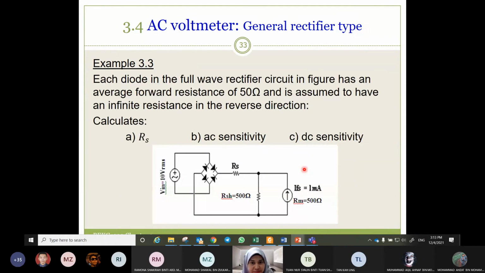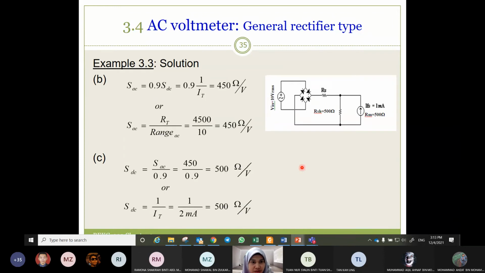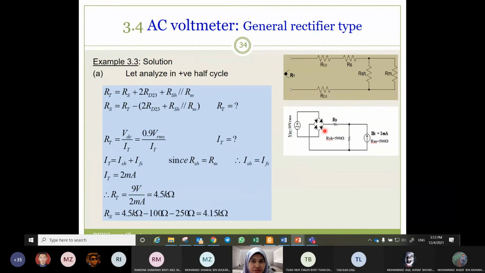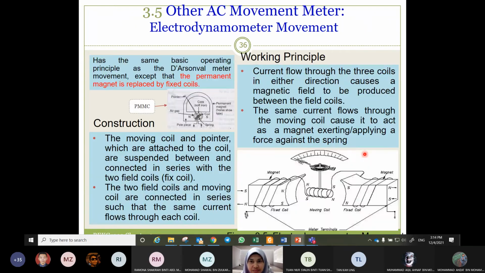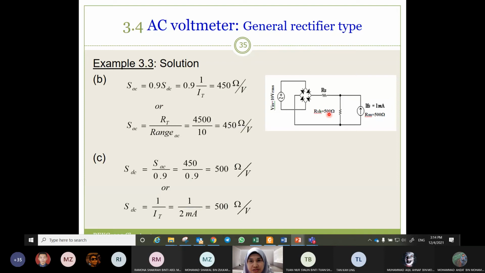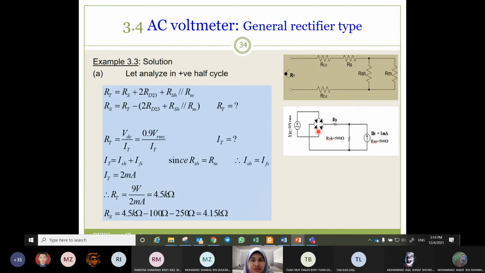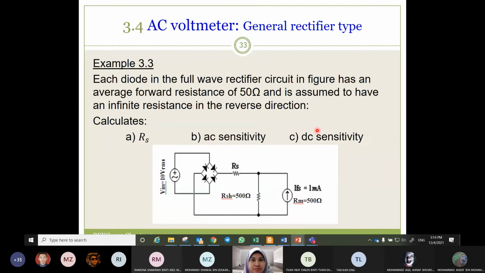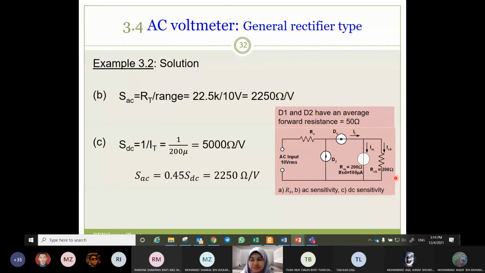For the time being, Rshunt is the same as RM. Okay, maybe Rshunt is equal to RM. So what do you think? It might be a reason why RM is equal to Rshunt.